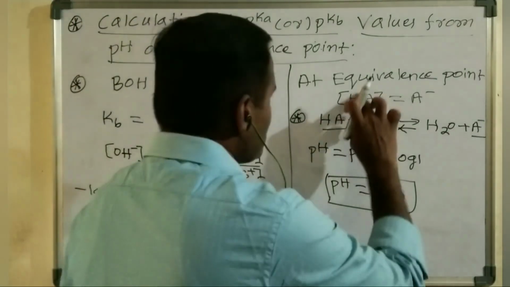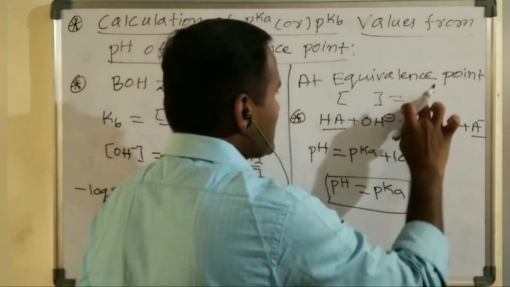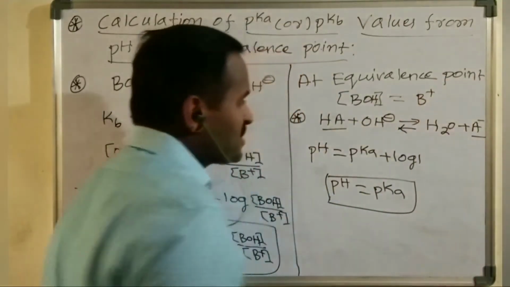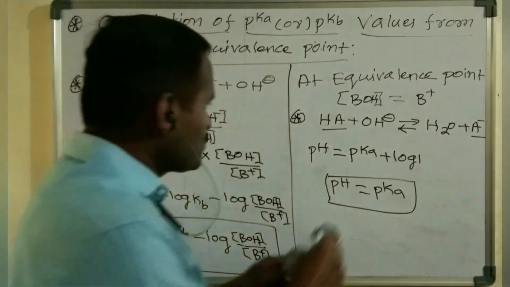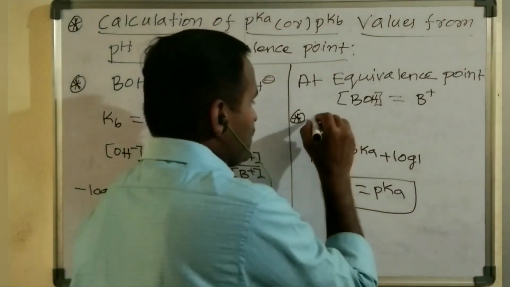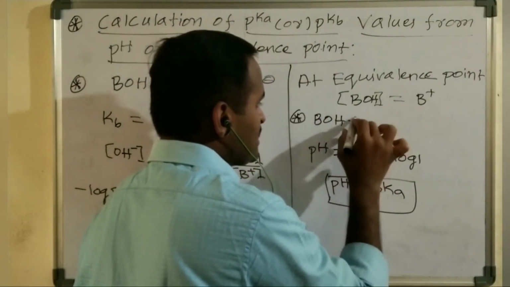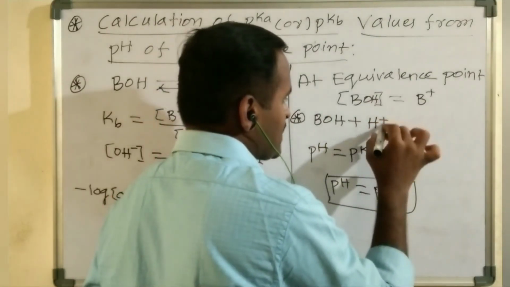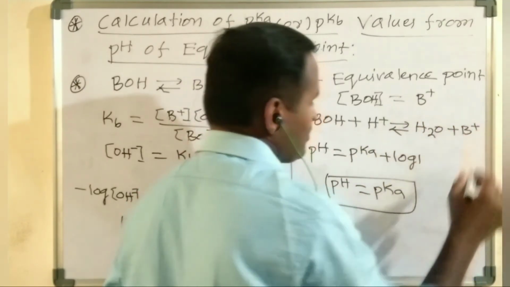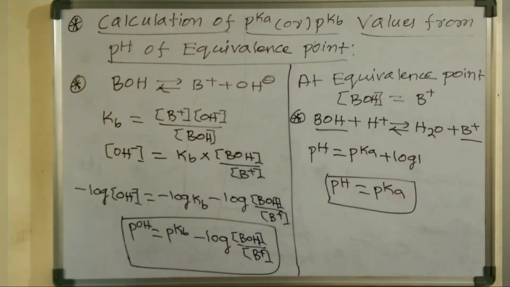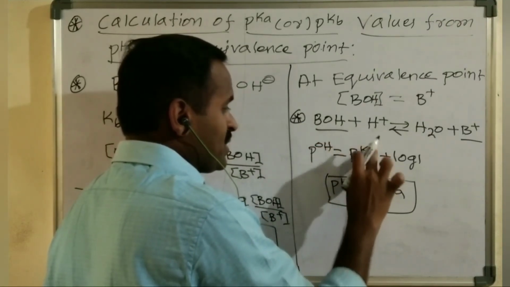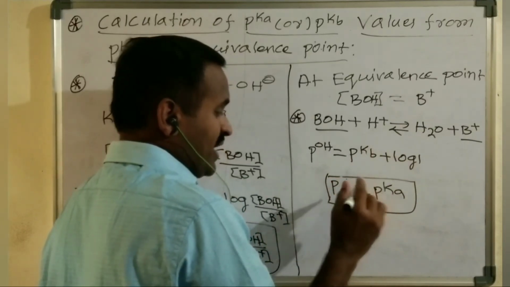At the equivalence point, the B plus ion concentration and the BOH concentration are equal. BOH is reacted with an excess amount of H plus to attain equilibrium, forming H2O and B plus ions. So pOH is equal to pKb plus log 1, and log 1 is 0.